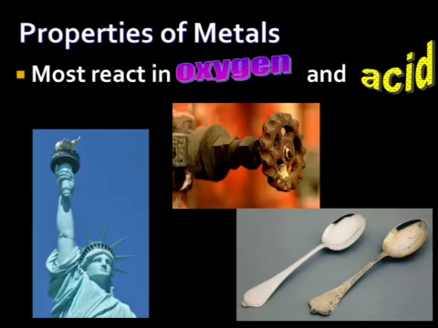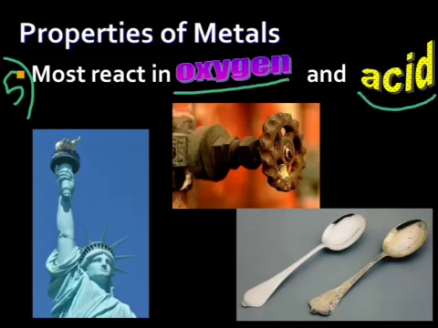The final property of metals that I wanted to talk about, I think this is number 5 actually, is that metals have a tendency to react in oxygen and react in acid as well. And so you see pictured here silver being tarnished in this spoon. We have rust, and then we have copper being corroded in oxygen.